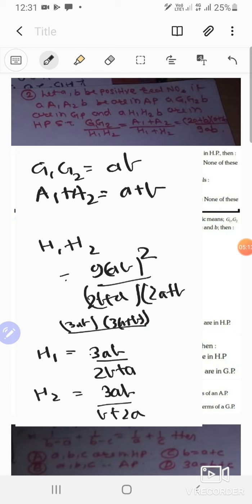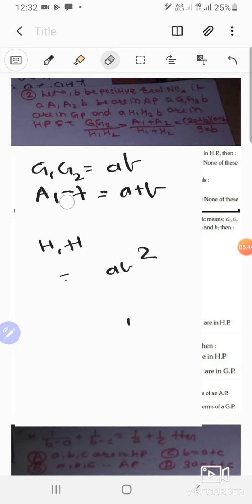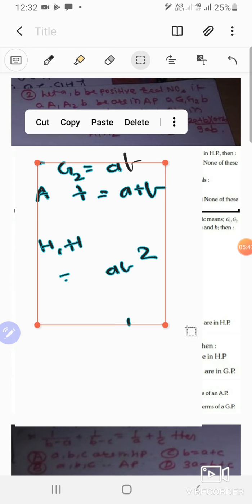Then you take a1 plus a2 upon that, where a1 plus a2 is a plus b. Dividing, this gets cancelled, and you get 9ab in the denominator, and the multiplication of 2b plus a into b plus 2a comes up on top, so it becomes this thing, no problem. So that was nice and pretty easy as well.